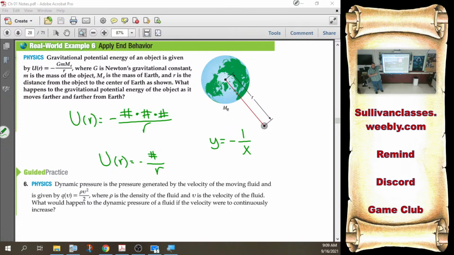But what happens when you take a really big number and you keep dividing it by something that's getting larger? What's eventually going to happen as the limit of, not the function, U of r as r approaches infinity, right? If I take this graph and I go out to infinity, what does it do?